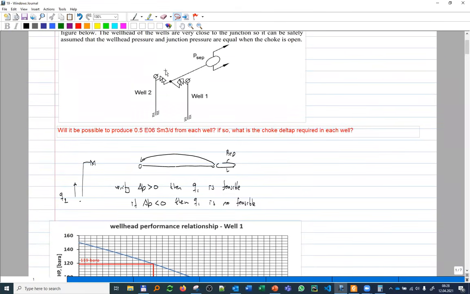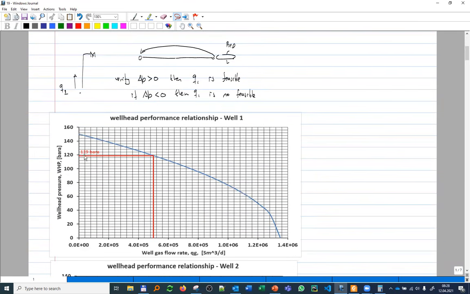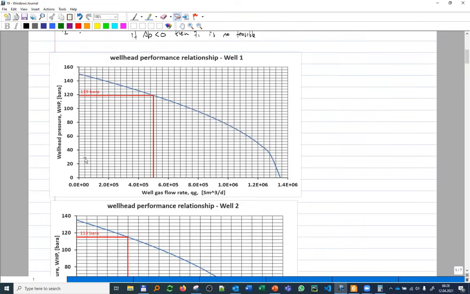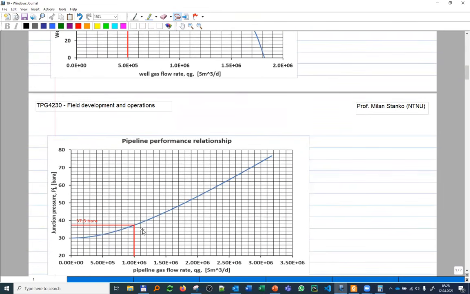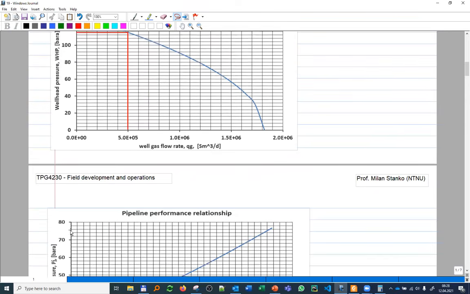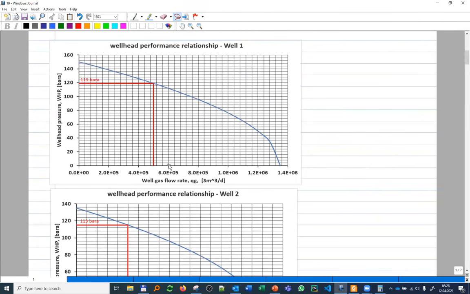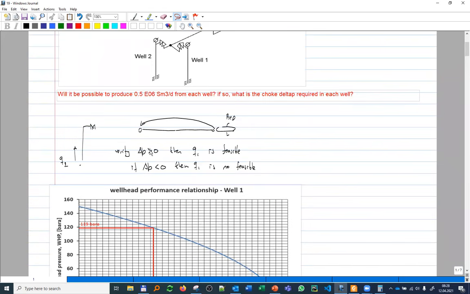So it could happen that this pressure actually gives you something below this pressure. Let's say both give you, for this rate, less than that, 30, 36. And that means that in that case you have to adjust these rates until I get that the delta P is equal to 0.